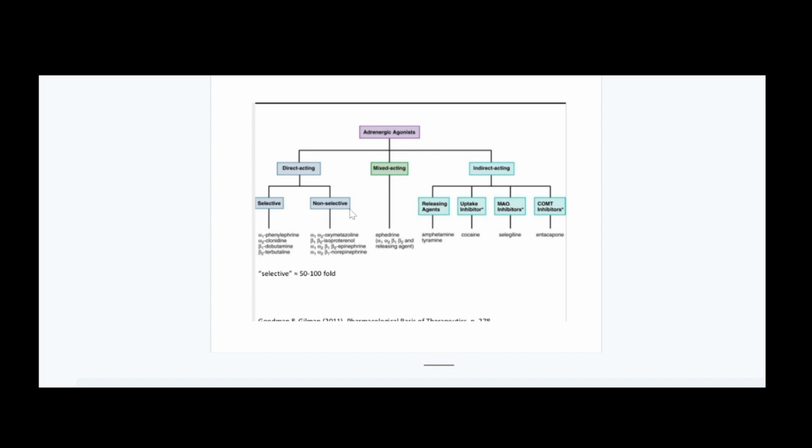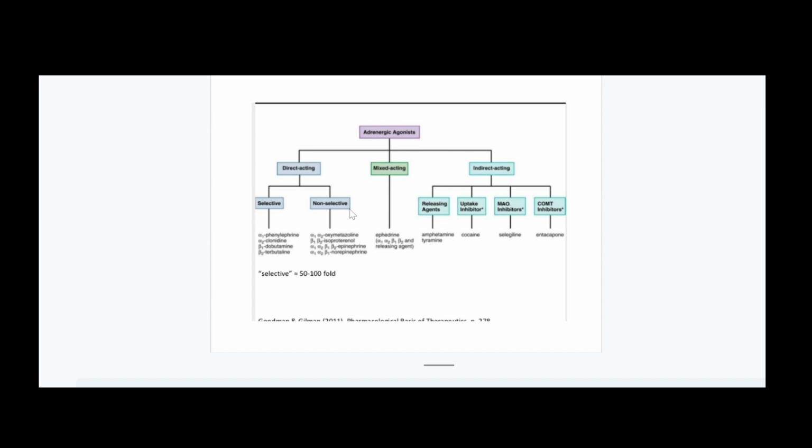So what do we mean by selective? Don't forget that I've explained selectivity, and I said selectivity is when a particular drug has a high affinity for a particular receptor. It selectively binds to this receptor, and this receptor is located at certain organs. So it is selective to a particular organ. It does not affect other organs. For example, alpha 1 is found on the blood vessels, alpha 2 is found in the CNS.